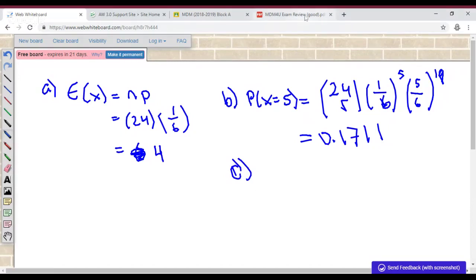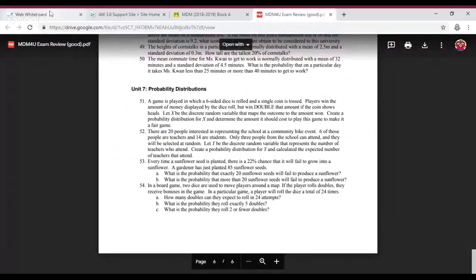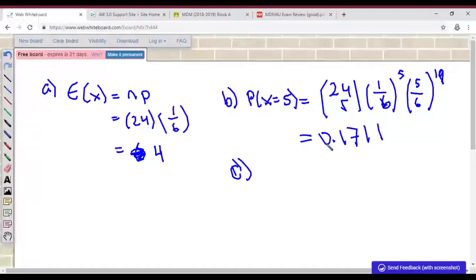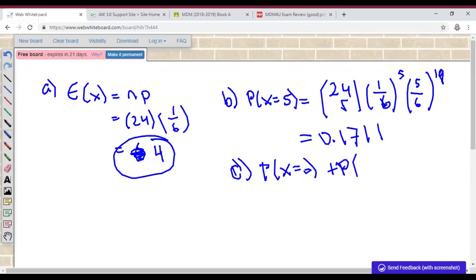And then part C says, what is the probability that they roll 2 or fewer doubles? Don't be tempted here to use the binomial approximation because it says 2 or fewer. N times P is 4. You cannot approximate. So for 2 or fewer, you have to do none of them, add to that 1, and add to that 2. There's no way other than just doing all 3 of these.